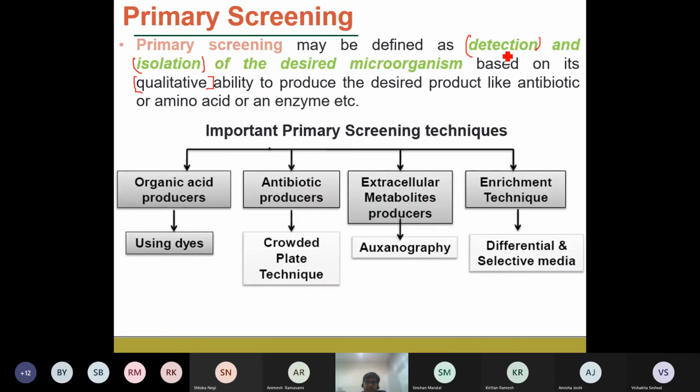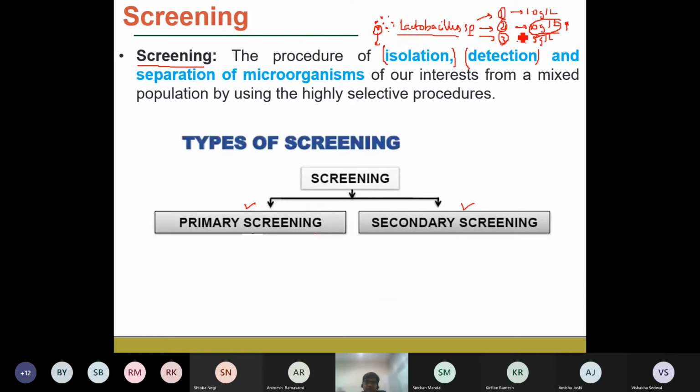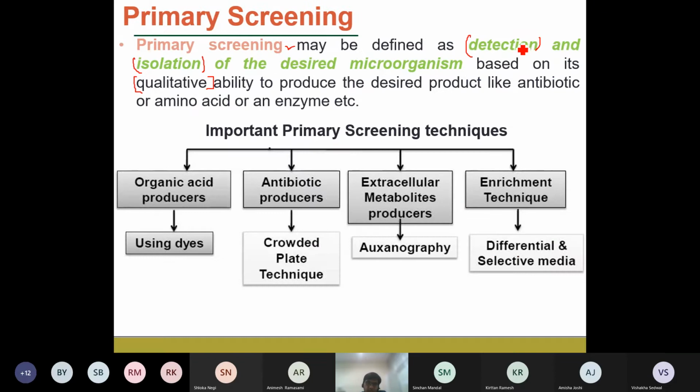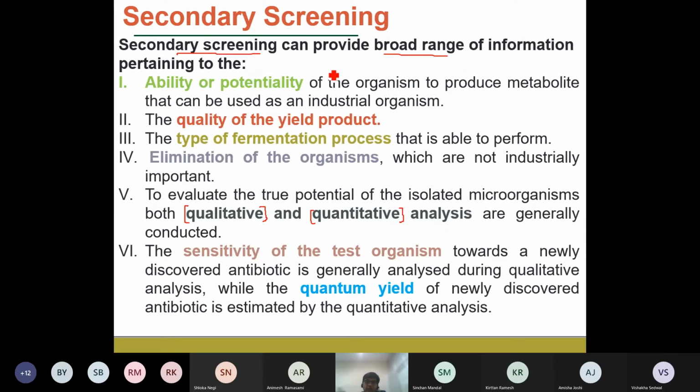Just detecting and isolating a particular species is called primary screening. Now, for example, you find out the concentration of the biomass of that particular microbe in that mixture, and you calculate how much lactic acid it is producing. So you are expressing it in mathematical terms, right? That is nothing but a quantitative analysis.